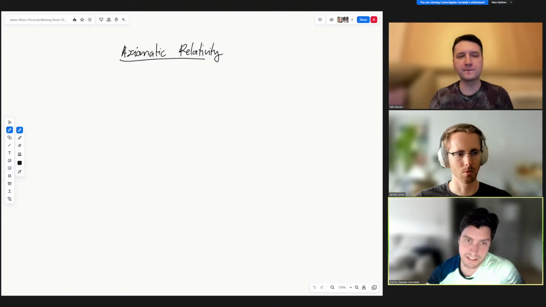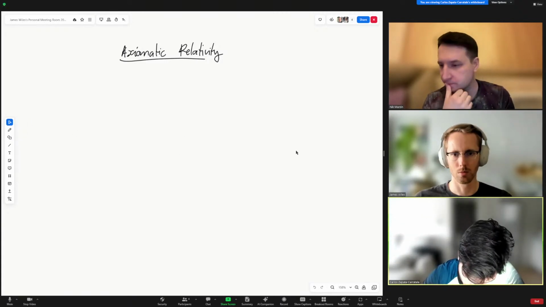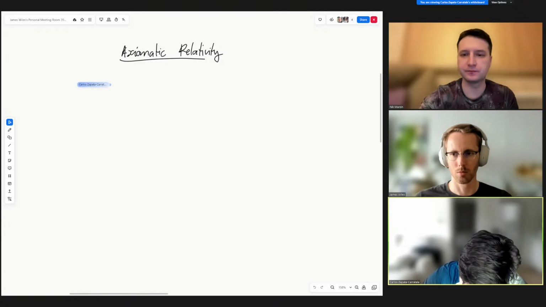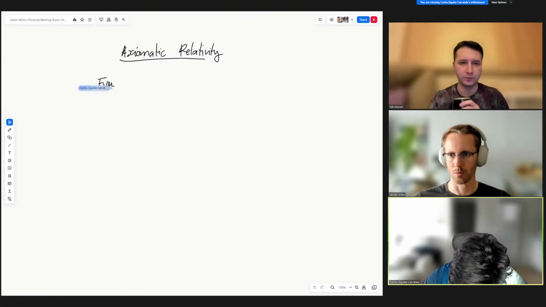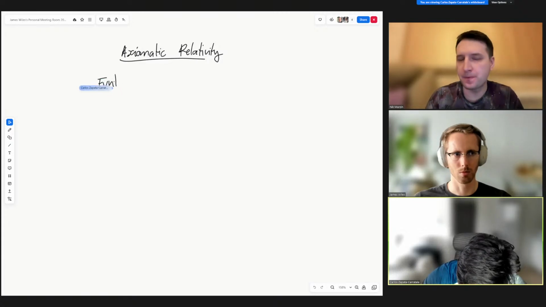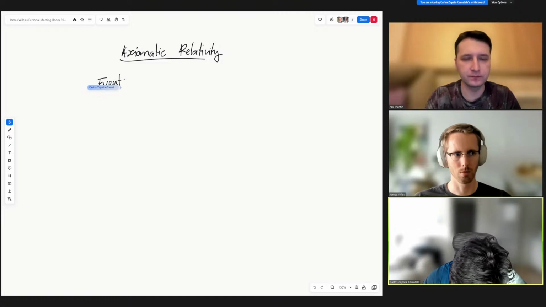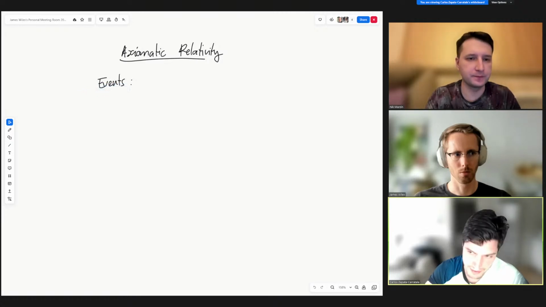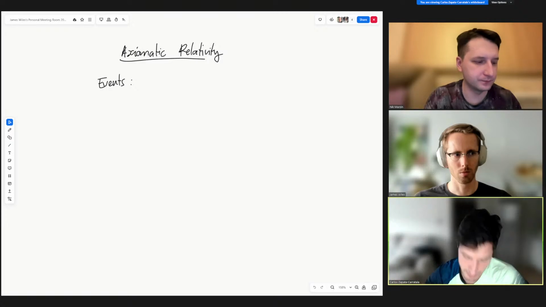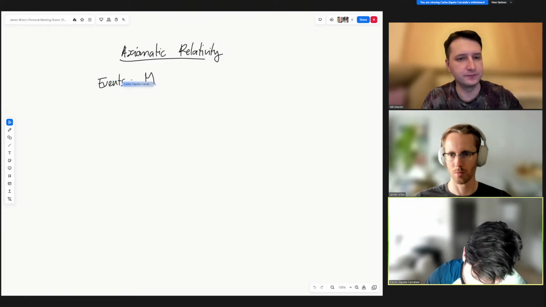Basically, the idea is you begin with a set of events. This is going to be very familiar to those who know causal set theory, it's a very similar flavor. So you begin with a set M, that's just the set of events.